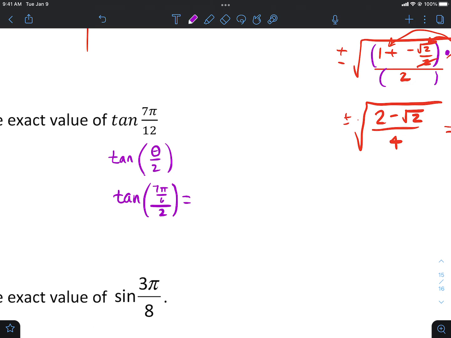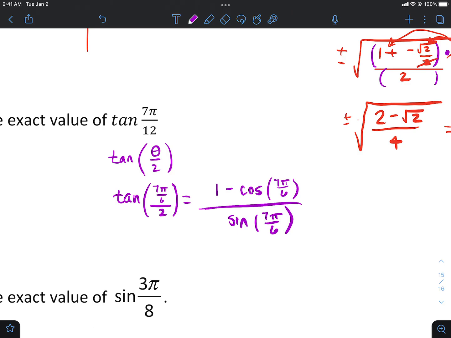So the formula calls here for 1 minus cosine of theta. Instead of theta, we're going to do the 7 pi over 6. And then you're going to put down in the denominator sine of that 7 pi over 6 as well.